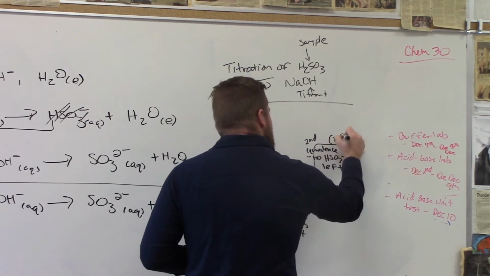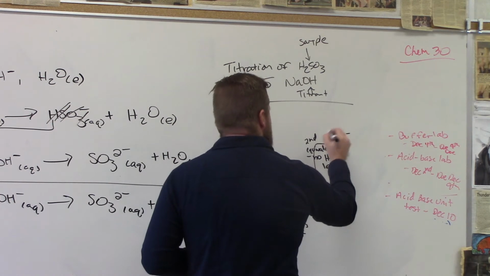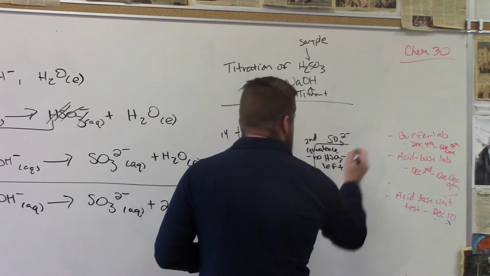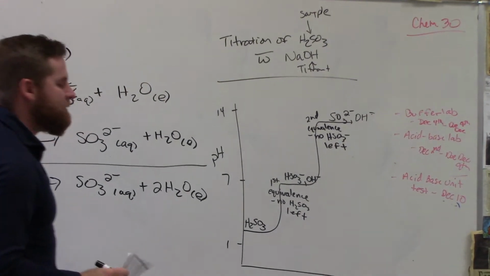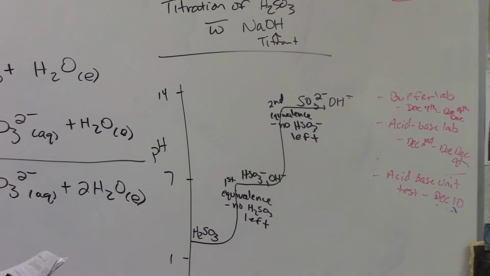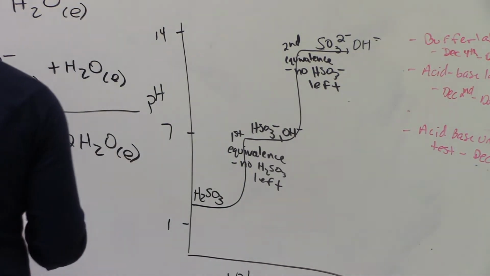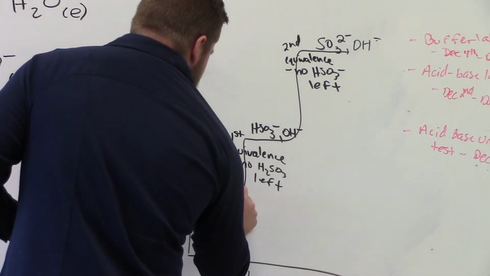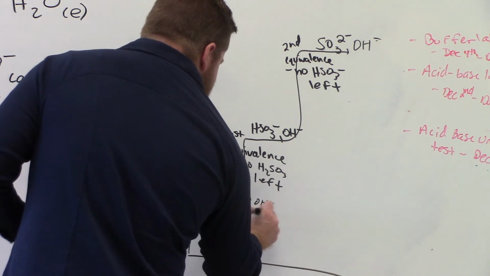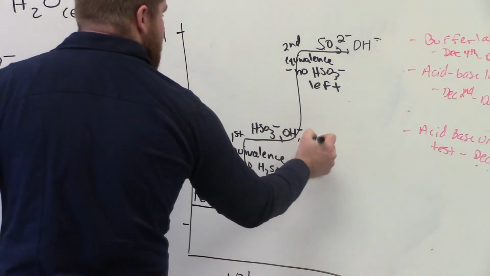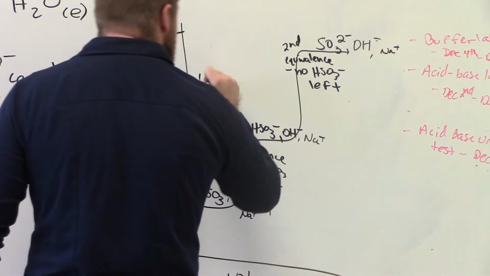After this will be, sorry, SO3 2- and OH-. I need to be able to identify the entities at each, what happens at each equivalence. So what else will I have here? Well, obviously there'll be a little OH-, and Na+ as it gets added, right? So we'll have Na+ here as well. And we know that H2O will be present.